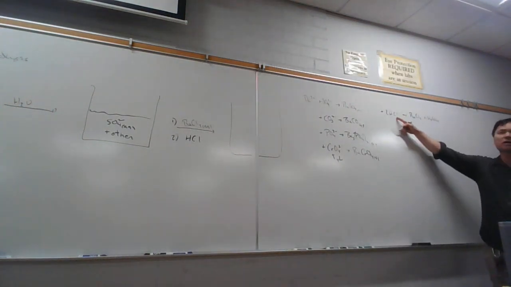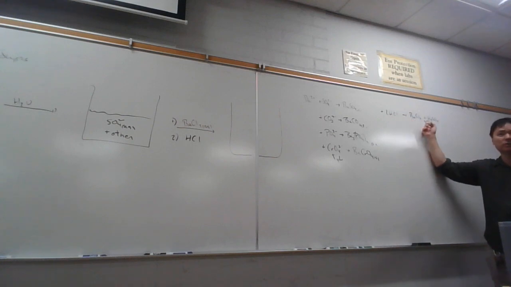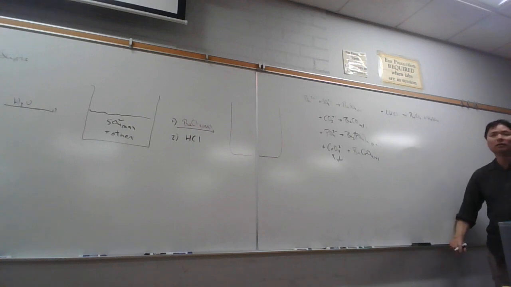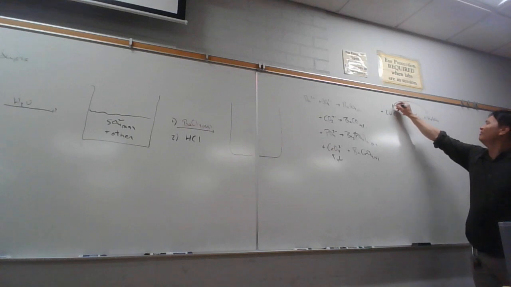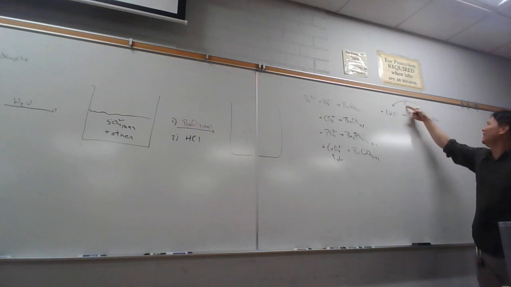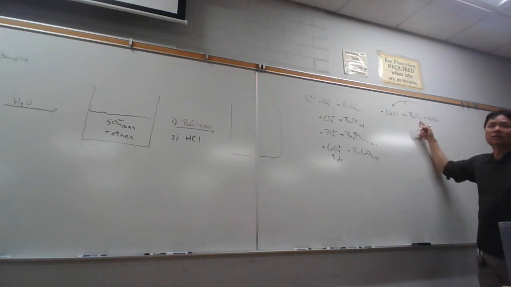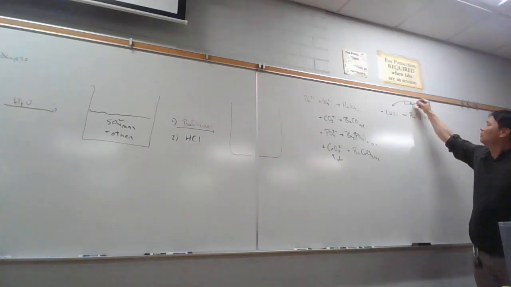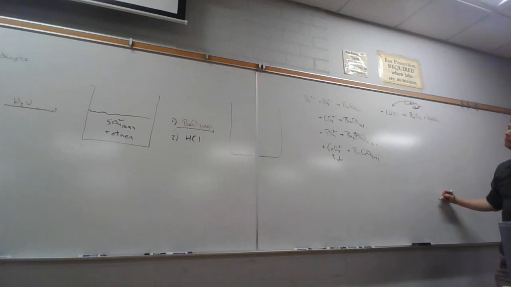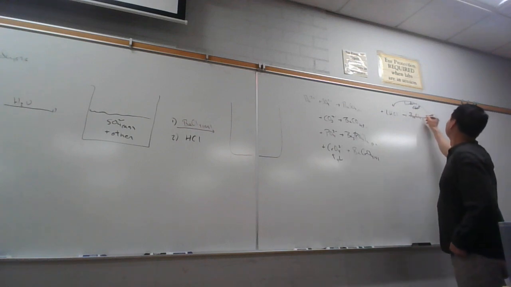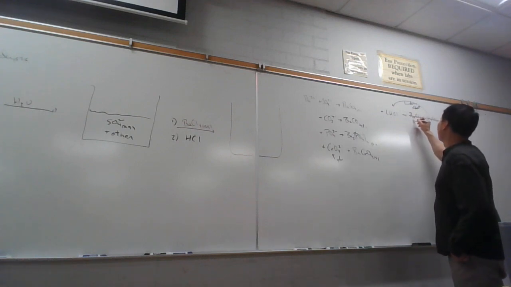Are we going from a stronger acid HCl to weaker acid H2SO4? No, we're not, because of the leveling effect. The leveling effect is going to tell us that these are going to be equivalent. And then we're just going to say there's going to be no reaction, NR.